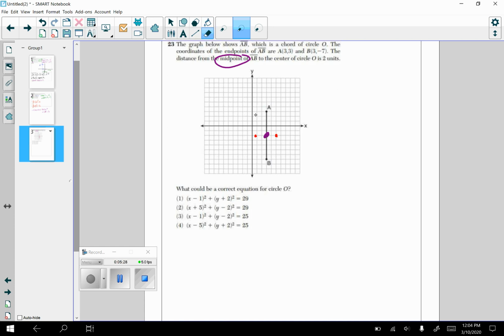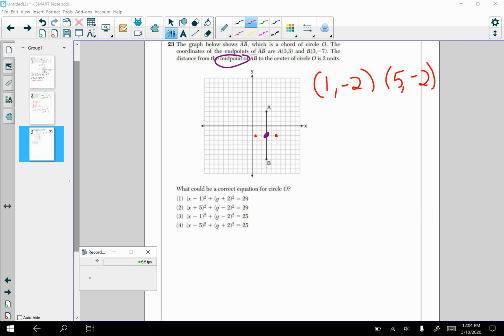So now, is the center of our circle going to be (1, -2), or is it going to be (5, -2)? So let's write those down. (1, -2) or (5, -2). Both points are positive, negative.